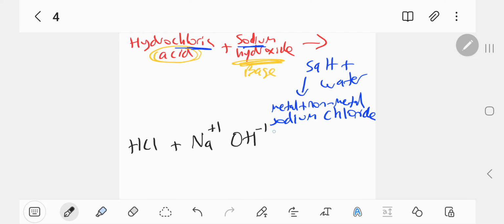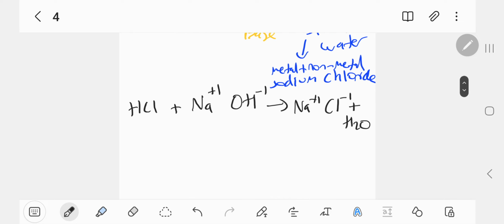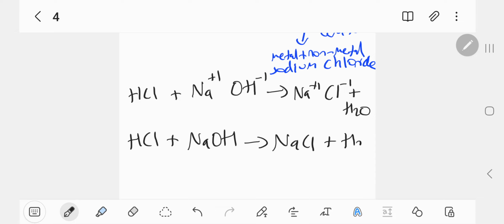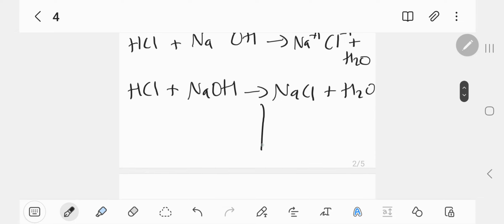Because ions, when they combine, become neutral. It becomes salt, sodium chloride. Sodium is Na +1. Chloride is Cl -1. Chlorine, it's in group 17, valency -1. Water is H2O. That's the hard bit. Easy bit is just put it together. NaOH, stick them together. The -1 and +1 cancel out. Makes NaCl. Similarly, the +1 and -1 cancel out. Plus H2O.